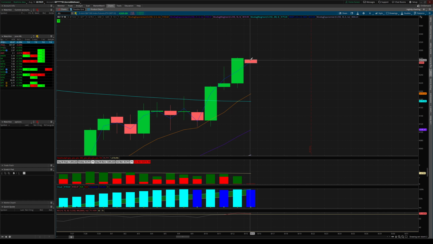We are down 28 basis points, right? So it's not much, but there is quite a bit of room down all the way to the 4200 level on ES, and that may or may not be a little bit too far, but for all we know, it could just keep on going up, right?